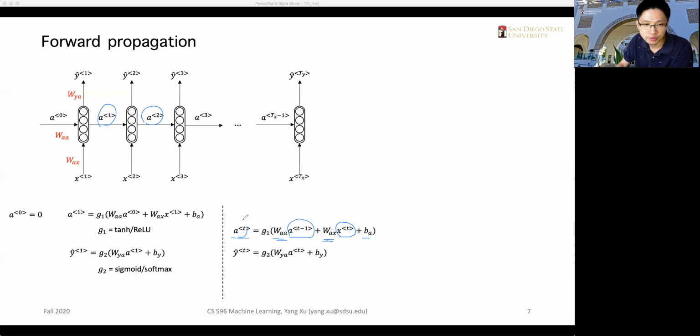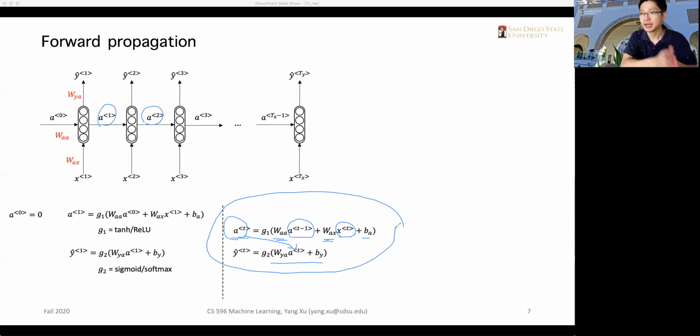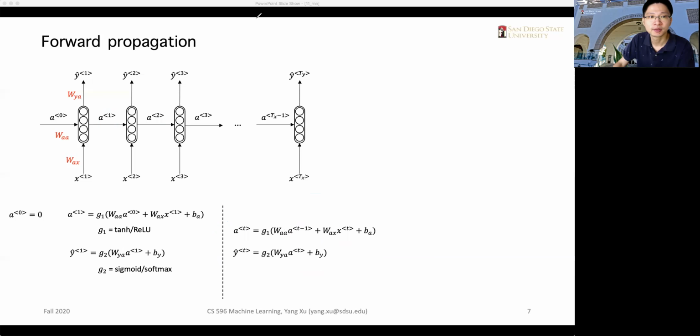That is how we compute the activations for the current time step. Then the prediction for the current time step uses the AT we just computed here. This two-step computation occurs at each time step in the input sequence. All the parameters WAA, WAX, WYA are shared. They are not different across time steps, but exactly the same parameters.